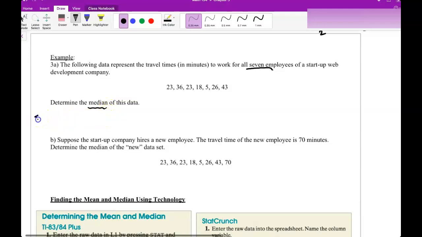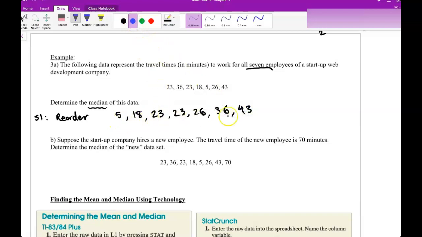First step, step 1, reorder. The smallest one is 5. Then after that we have 18, 23, 23, 26, 36, and 43.